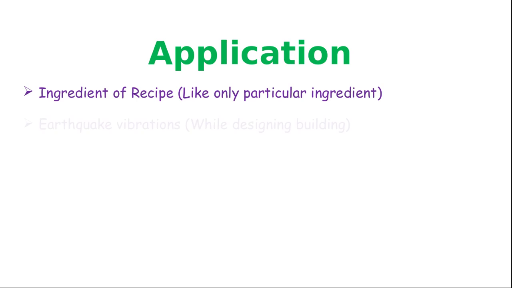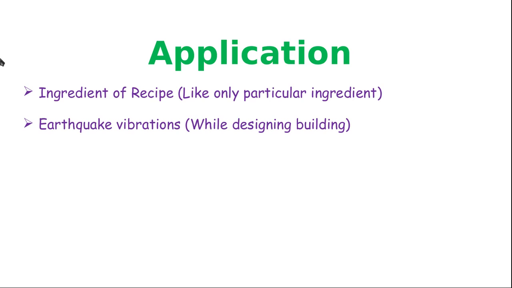Let's see another application. This is not actually an application, I am just drawing an analogy with our actual example. Earthquake vibration. Earthquake vibration contains many different frequency signal components.